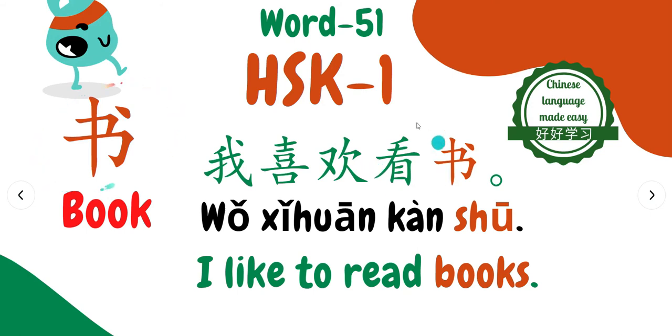Okay, this is a verb, and it has different meanings. So here 看书 means to read books. 我喜欢 I like to read books. 喜欢 to like, 看书 to read books.